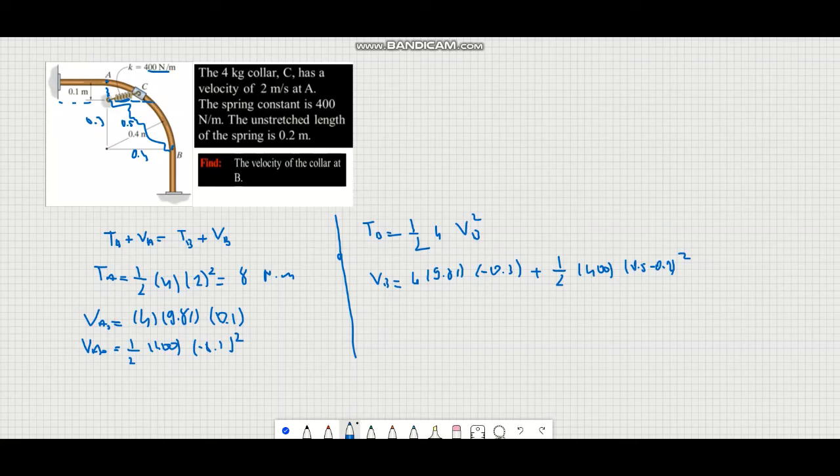All right, so we will use this equation and add it up. The first term is 8, and from here it's going to be plus 2, and we add the potential over here too.